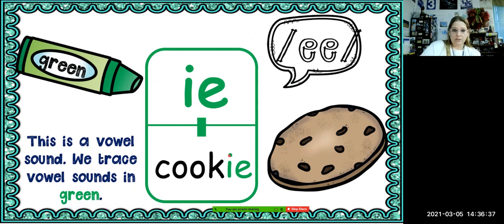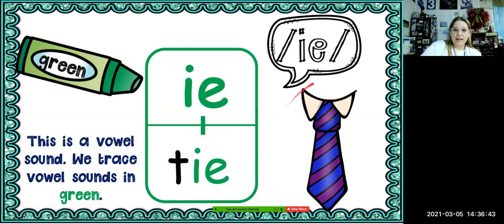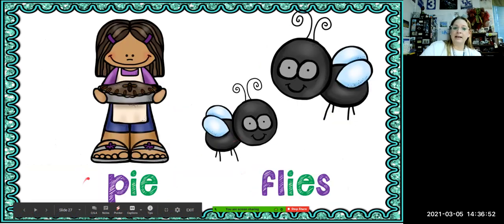We traced it in green. Like in fierce and field. We have learned the I sound with I spelling in tie, vowel sound traced in green, like in pie and flies.